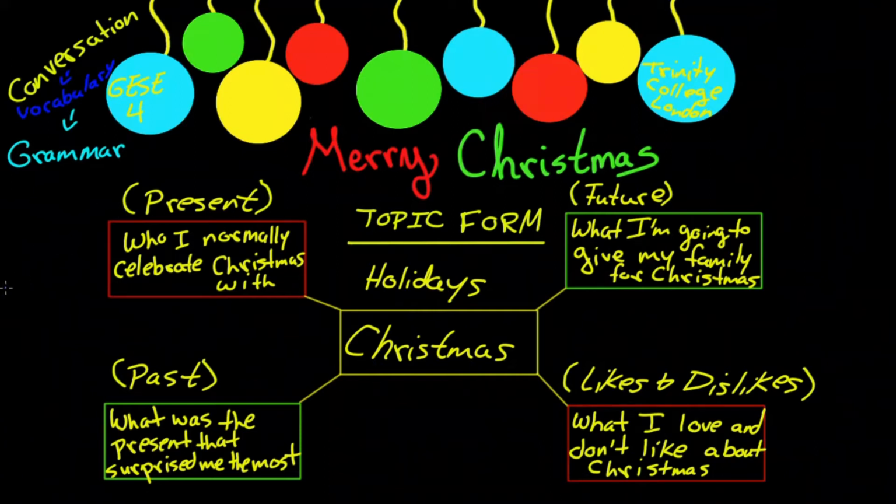So for the grammar, we have to keep in mind what they're asking for GESE 4. Okay, so let's go ahead and try to remember the grammar for GESE 4.